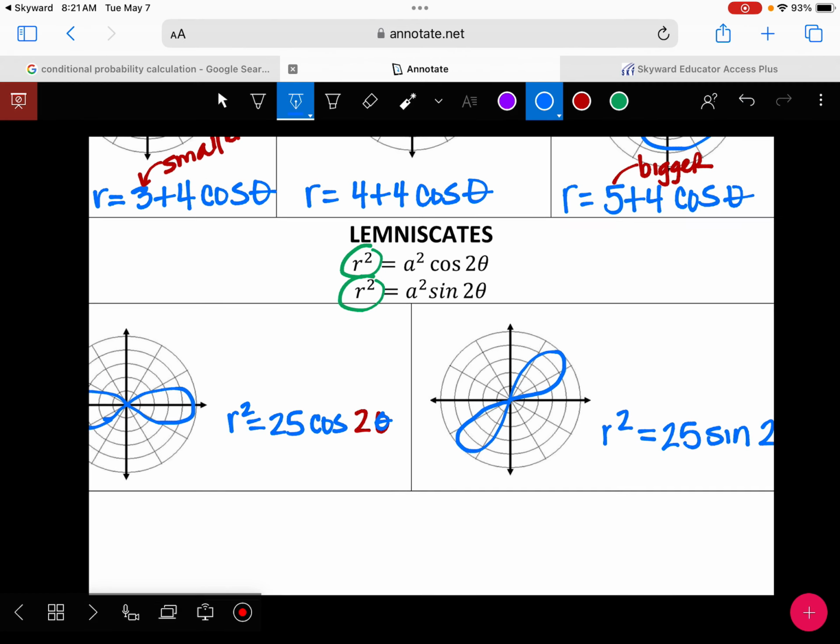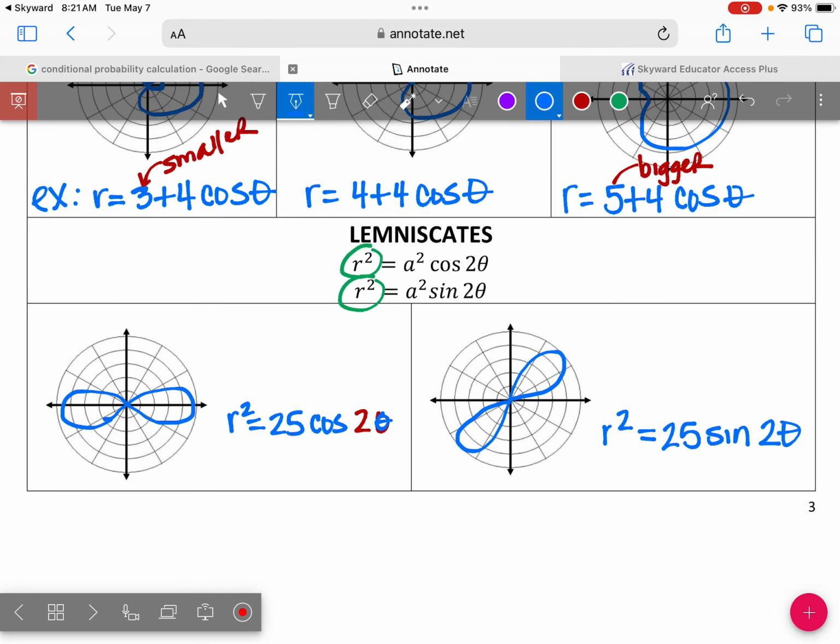Like that. So depending upon what you want it to look like. And that's your lemniscate.